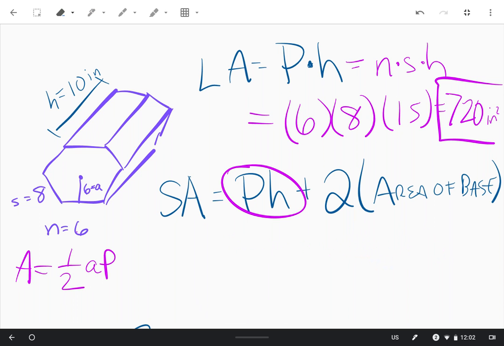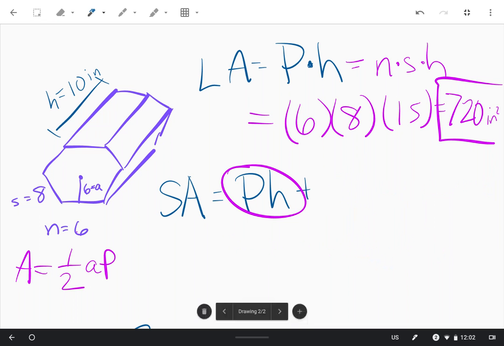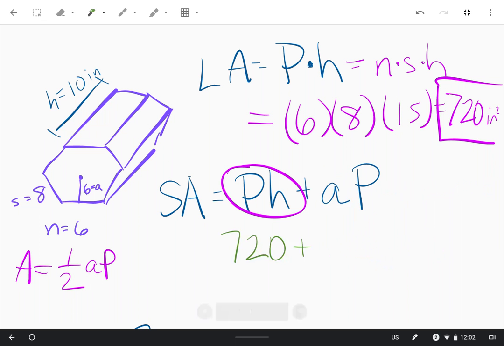So I'm going to rewrite this formula right here and say that for a prism that has a base that's a polygon, a regular polygon, you could just do A times P. So we already know pH is 720. We also know the P we already found was 6 times 8, and the A is 6 as well. So we're going to do 6 for the A. The P is N times S. So we're going to do 8 times 6 again.